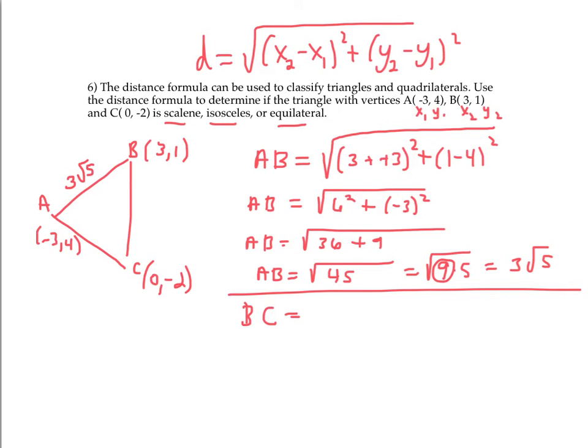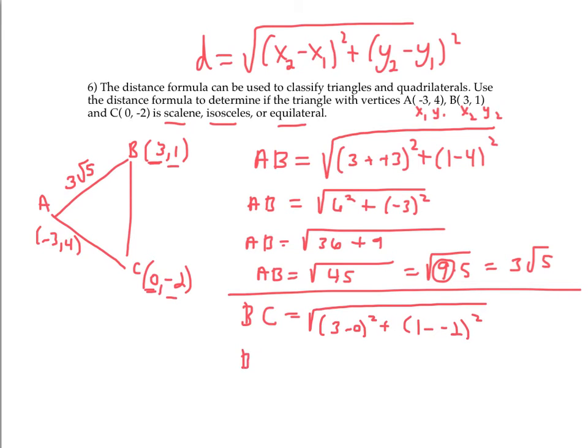Next, we need to find the length of line segment BC. So setting that up in the distance formula will look like this. I'm going to do the square root of, and we want to do the change in the x values. So we'll take 3 minus 0, quantity squared, plus 1 minus a -2, quantity squared.